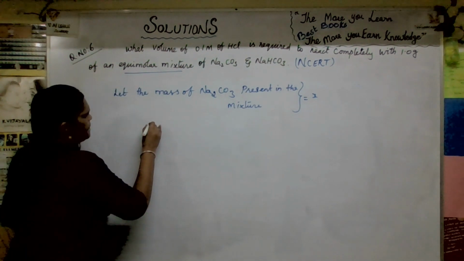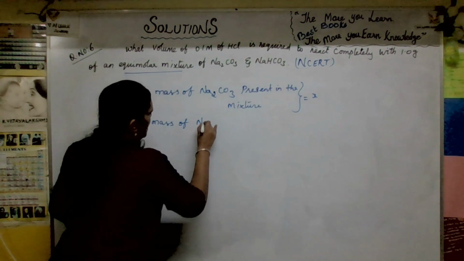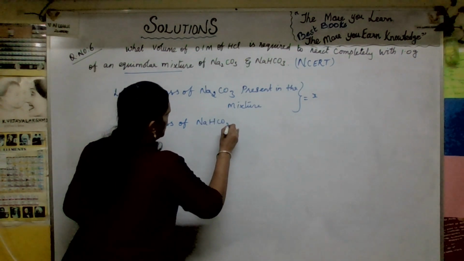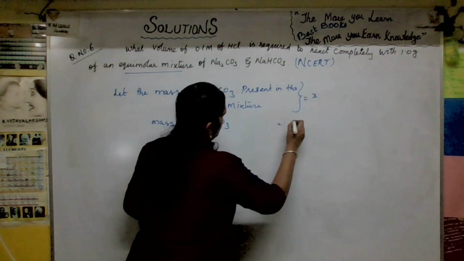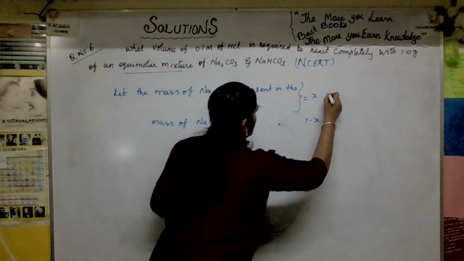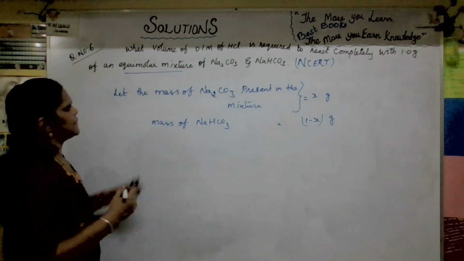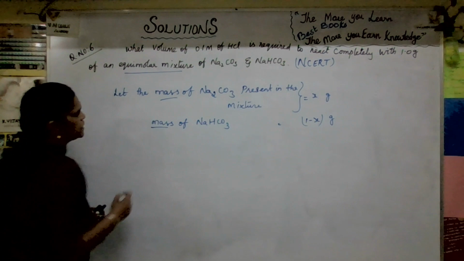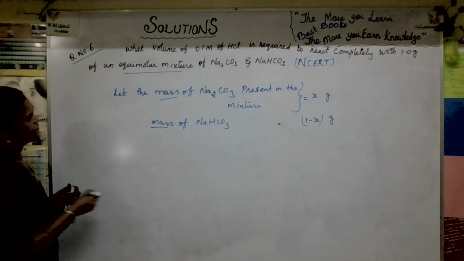The same way, mass of NaHCO3 sodium bicarbonate, how much we can take it? Equimolar mixture, no? So 1 minus x gram we can mention, because everything is mass only, no? So mass means unit, it is very important. Okay, now next one, molecular mass of sodium carbonate.